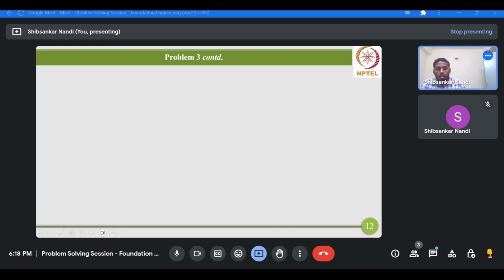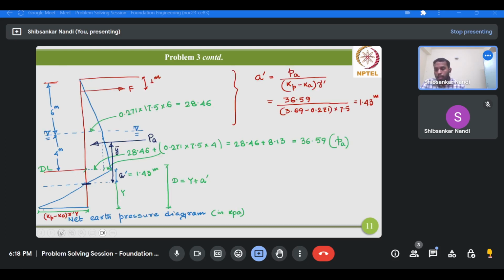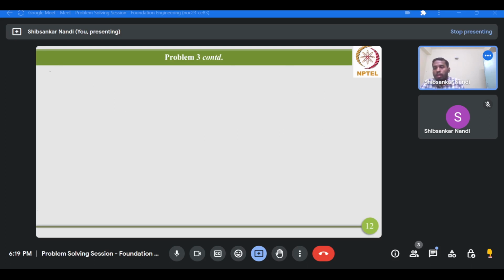We first divide this active earth pressure distribution into 4 components: 1, 2, 3 and 4, where 1, 3 and 4 are the triangular components and 2 is the rectangular component. So this is the calculation of PA and its lever arm y bar.